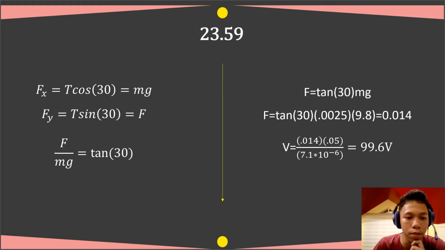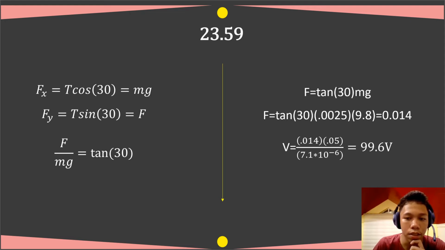For the vertical component, we get the tension times cos 30, which is equal to mass times gravity. And for the horizontal component, we multiply the tension by sin 30, which is equal to the force. So you divide both formulas to get F over mg, which is equal to tan 30.